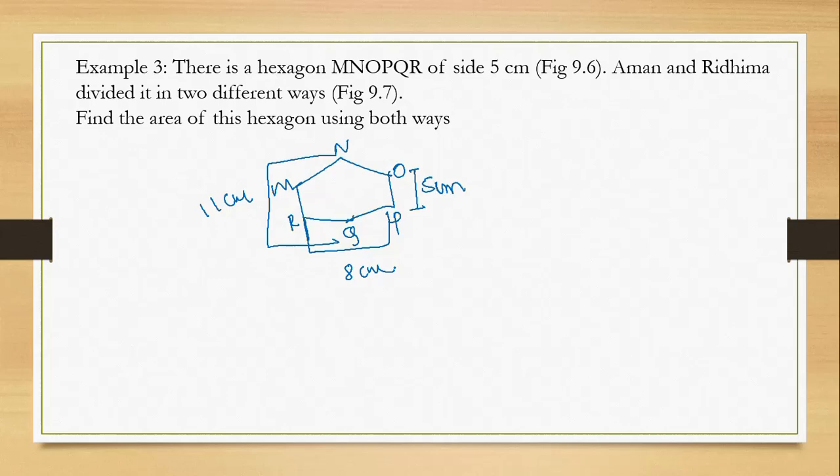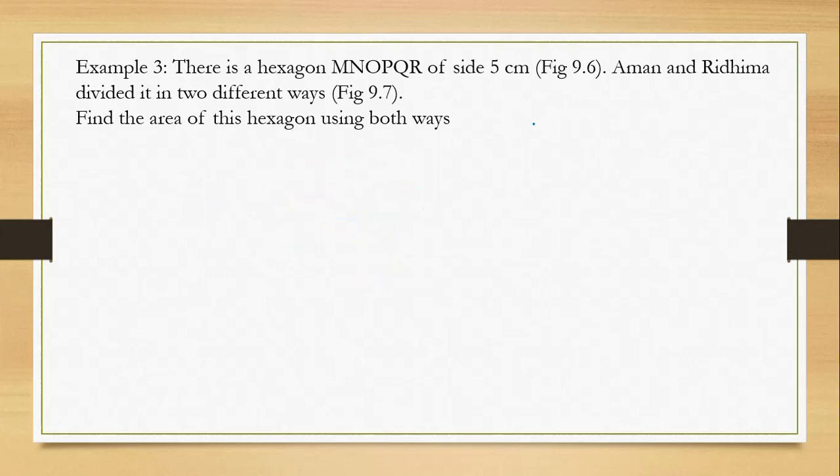So here we can find the area of this hexagon in two different ways. Let us discuss the first way. In this first way we can divide the hexagon into two trapeziums, M N O P Q R. These are the two trapeziums.